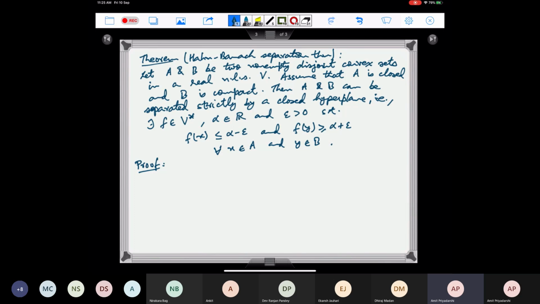So here, A and B are convex sets, they are disjoint, and one of them is closed and the other is compact. So then there exists an open neighborhood of A and an open neighborhood of B which are also disjoint, and convex also. So how do we get that?